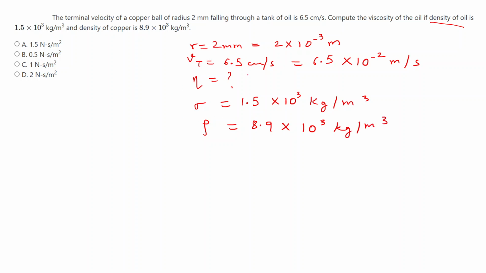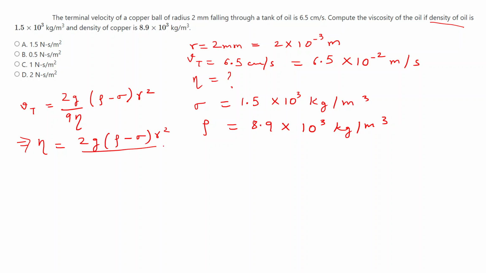We need to find out the coefficient of viscosity, and terminal velocity we have been given. So using our terminal velocity formula and then rearranging it, the terminal velocity formula is 2g by 9 eta times (rho minus sigma) r square, right? So from this, what I want to find out is eta. So taking it up, I get 2g (rho minus sigma) r square divided by 9 times the terminal velocity.